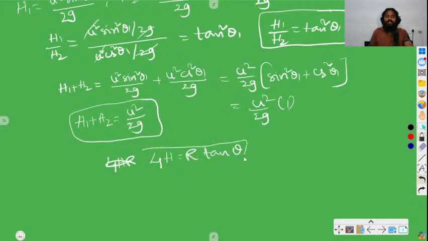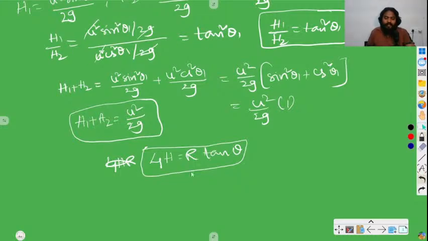The relation between the maximum height and range, a very important one. From this, 4h is equal to r tan theta. Here tan theta is nothing but you can write t1 by t2, or else tan square theta is h1 by h2.